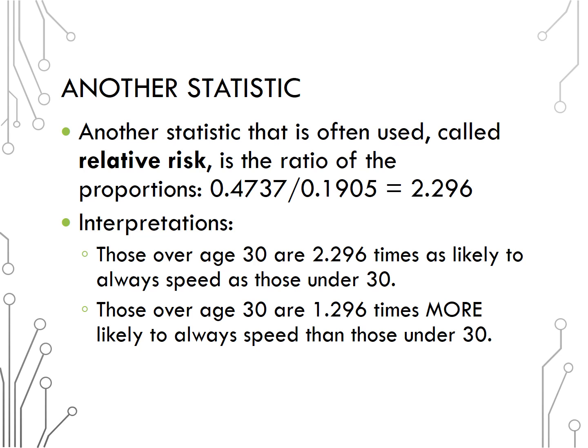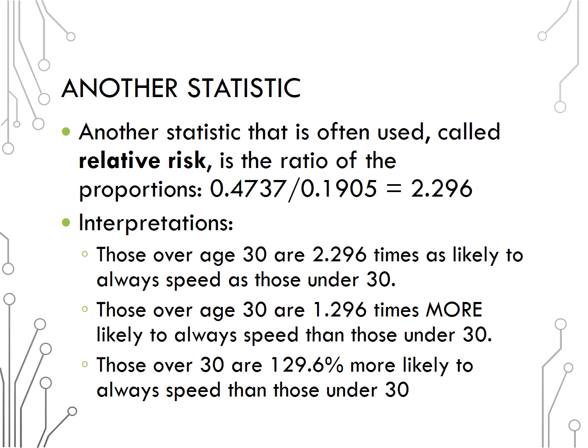In doing that, we take the relative risk minus 1 and just multiply by 100. If that number is positive, we should talk about the percent increase. If it's negative, we would talk about the percent decrease. For this scenario, we would say those under 30 are 129.6% more likely to always speed than those over 30.